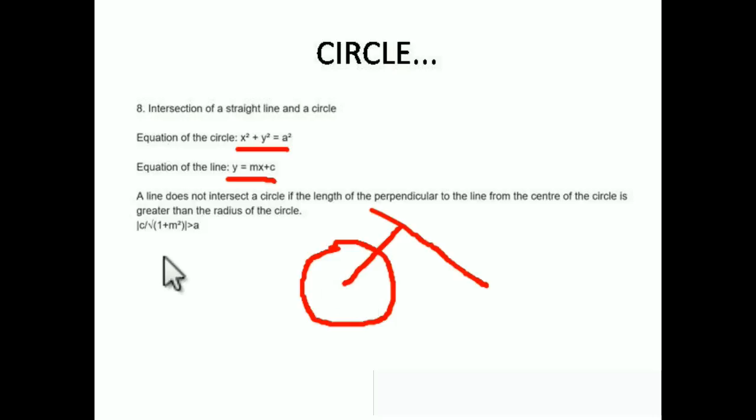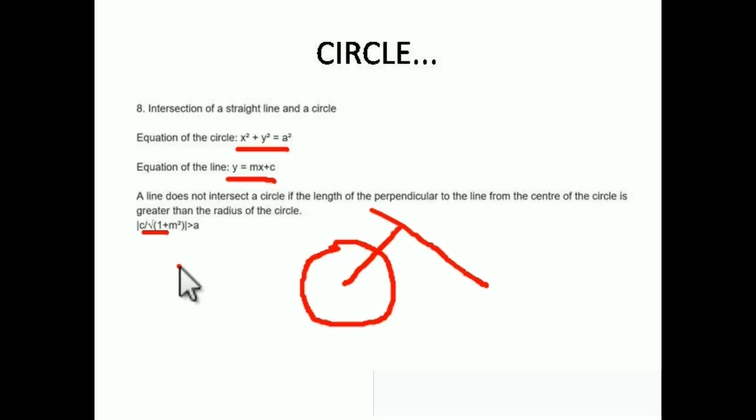So that is, mod of c upon square root of 1 plus m square is greater than or equal to a. This c upon square root of 1 plus m square is the perpendicular distance from the center of the circle to the line. This is derived from the perpendicular distance formula.